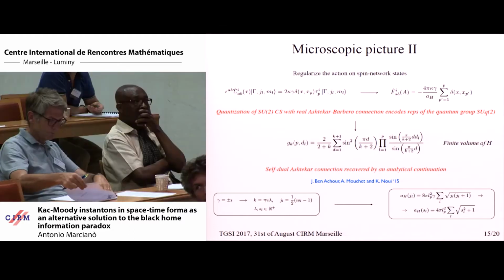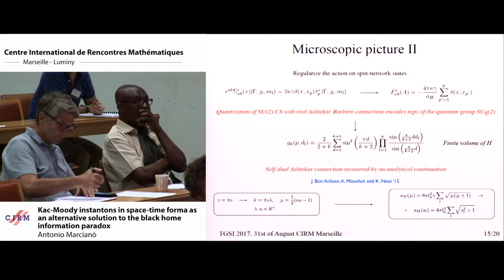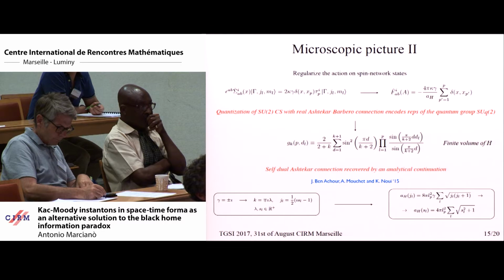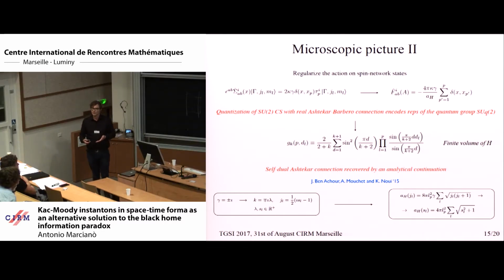It's interesting because it can be quantized through representations which are not representations of SU2, but are representations of quantum groups, which is SUq2, the quantization of the enveloping algebra of SU2. And this object here is actually, if we consider root of unity representation, a parameter which is a deformation parameter, this q.